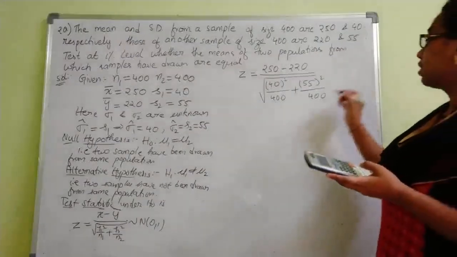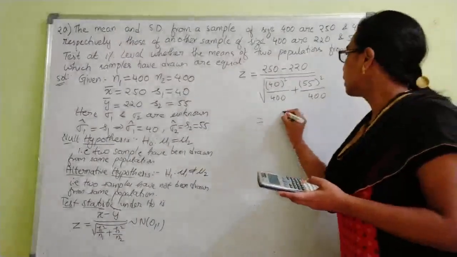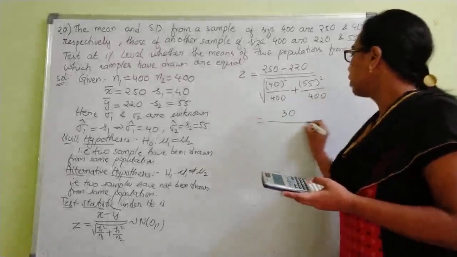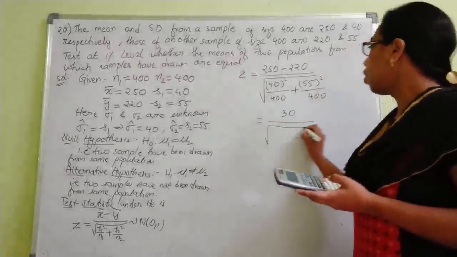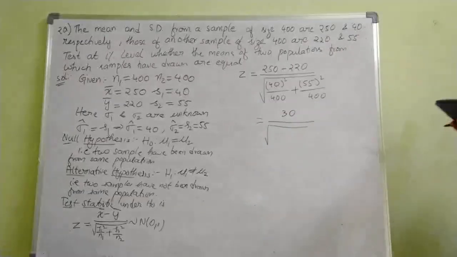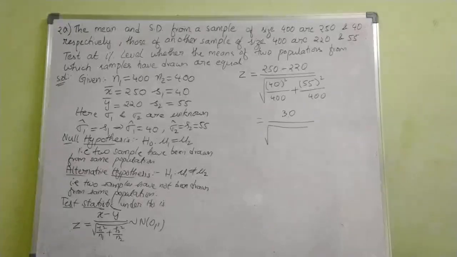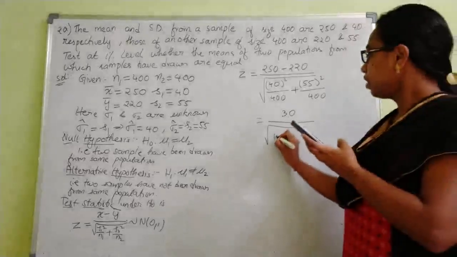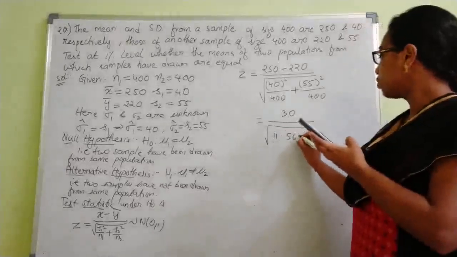250 minus 220 is 30, divided by square root of 40 square plus 55 square, all over 400. Anyhow the denominator is the same. So 40 square plus 55 square is 4625, divided by 400 is 11.5625.